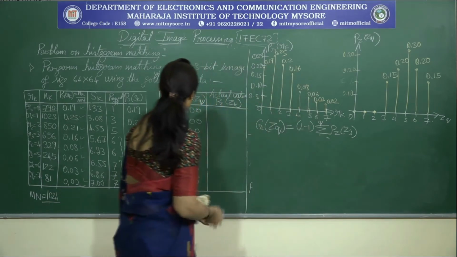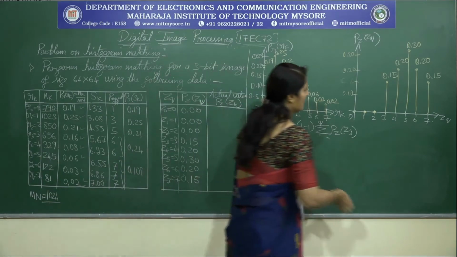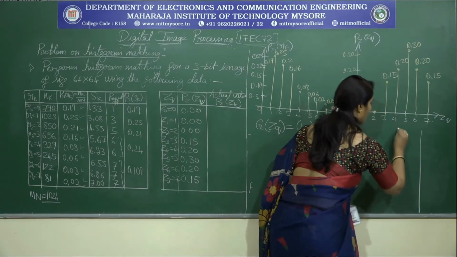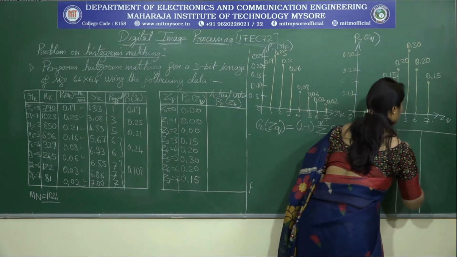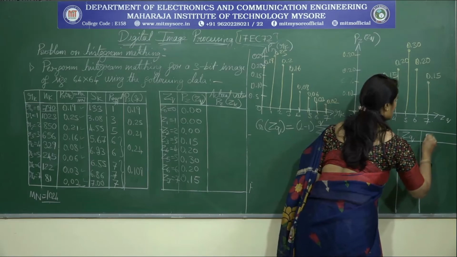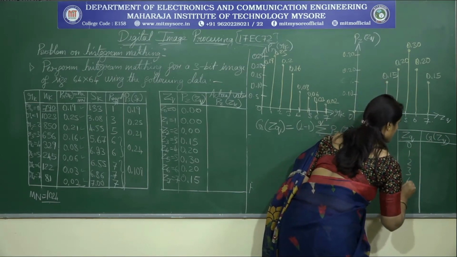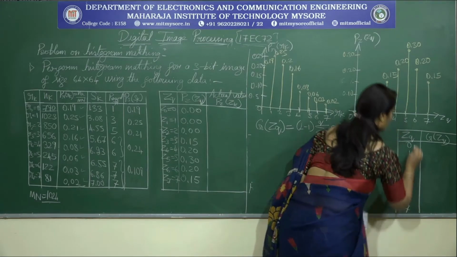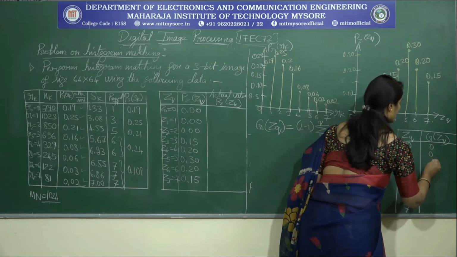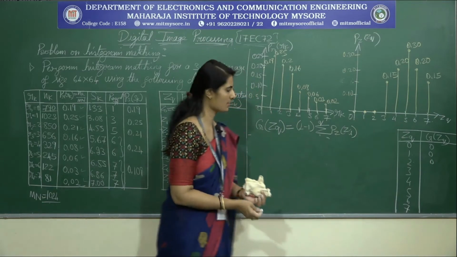So now here I will just create a table of zq versus G of zq: 0, 1, 2, 3, 4, 5, 6, 7. For 0, 1, 2, G of zq is equal to 0.